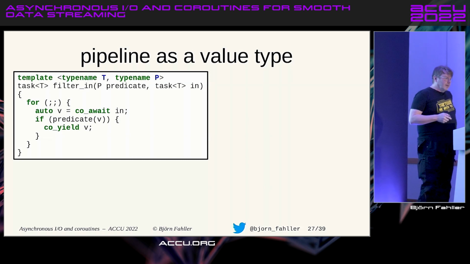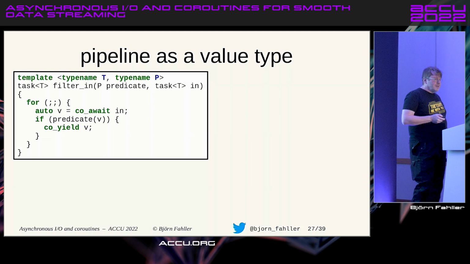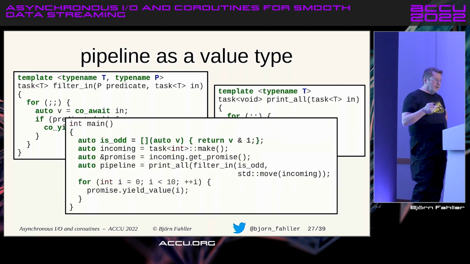So let's reduce the number of references that we need to take care of. We can take the task by value, then we don't have to store the awaitable task that we had. The same with our print all, stored by value.